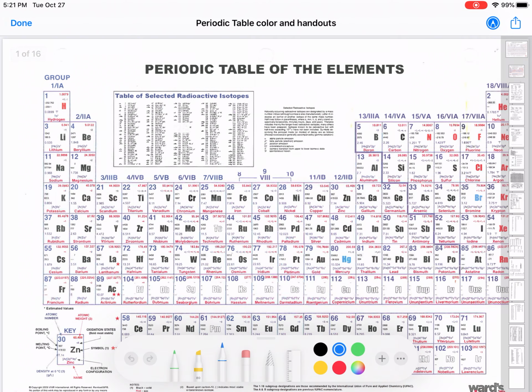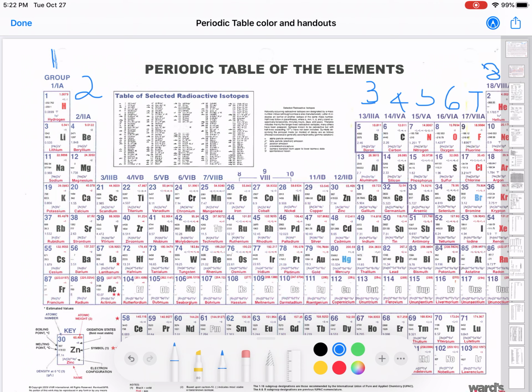Let me show you the main groups. There are main groups, and also some transition elements. The main groups are going to be group 1, group 2, and then 3, 4, 5, 6, 7, 8.